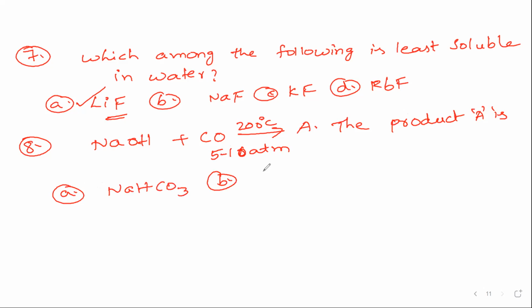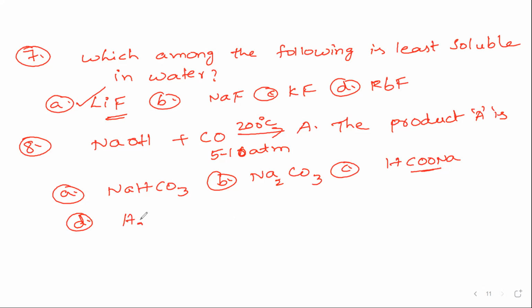Option 2, sodium carbonate. Option 3, it is HCOONa, sodium formate, because only one H is there. And option 4, it is carbonic acid.